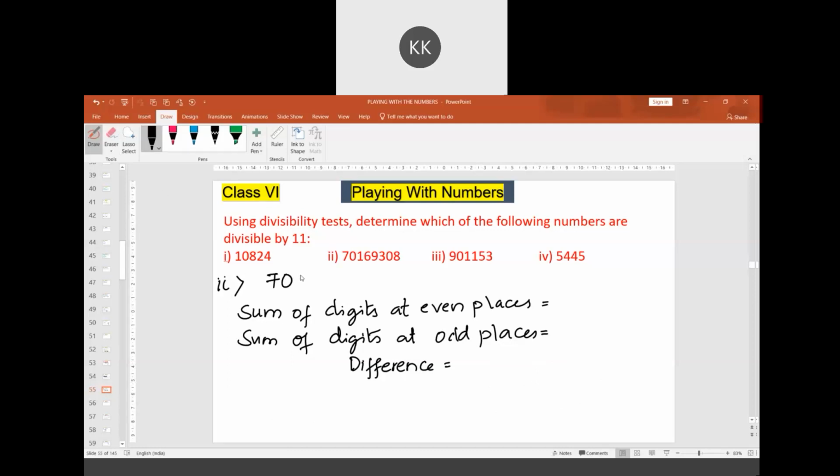It is 70169308. I am going to mark the even places: second, fourth, sixth, and this is also an even place. It is 0 plus 6 plus 3 plus 8. What will be the sum? The sum is 17.